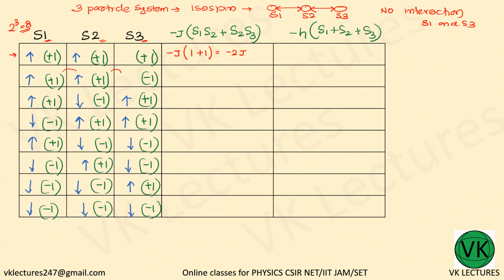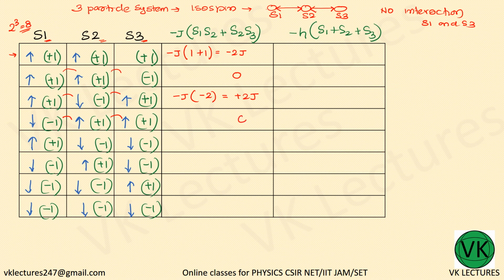So there is no J term, so this is 0. Again this is minus 1, this is again minus 1, so minus J into plus 2, that is equal to plus 2J. Again this is minus 1 into plus 1, this is plus 1 into minus 1, that is minus, so this becomes 0 again.